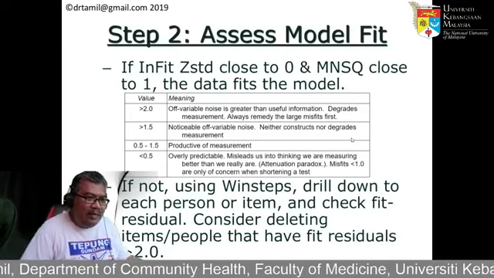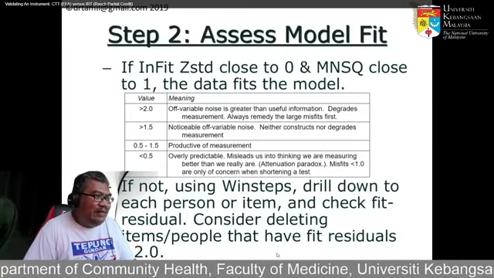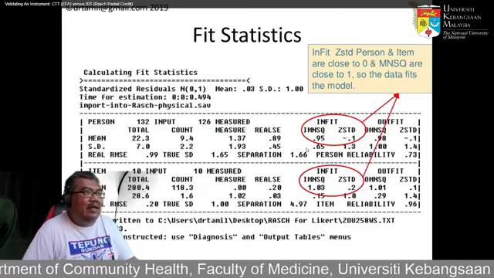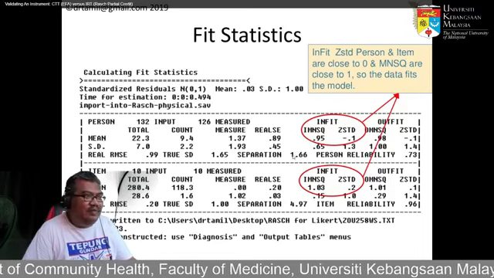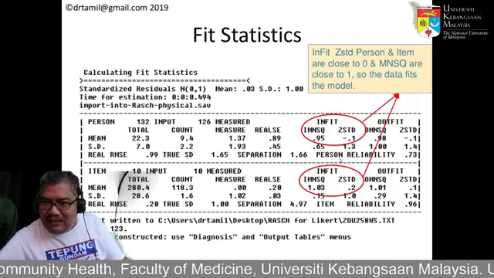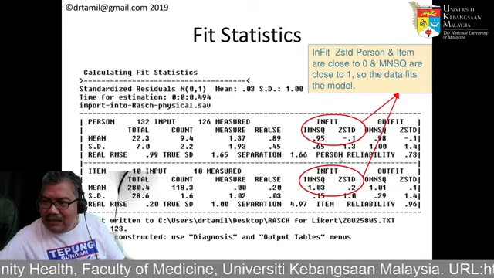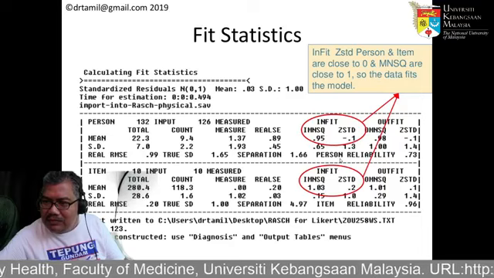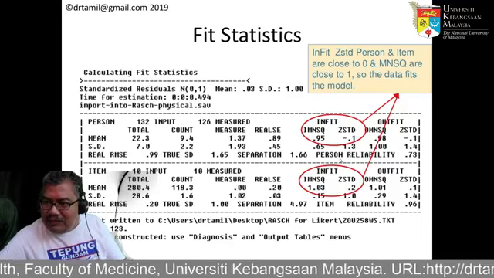Okay, alright. So let's look at what is meant by that. Let's look at the values. When we run the Rasch analysis, we end up with what we call the fit statistics, which is generated for you automatically.